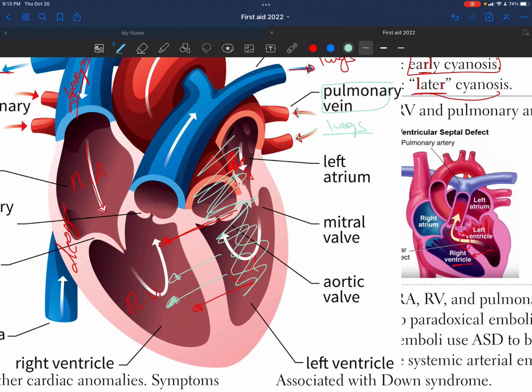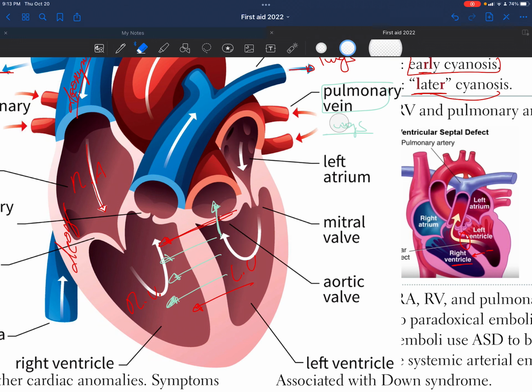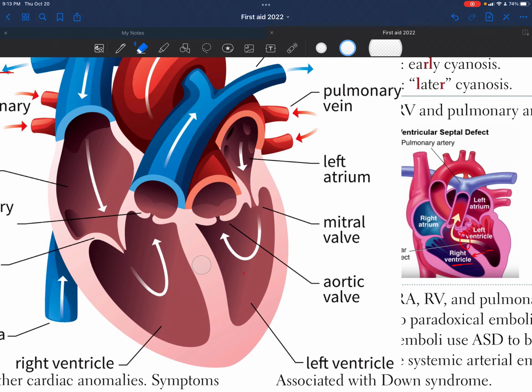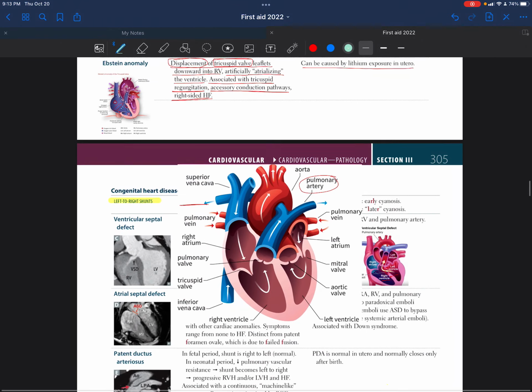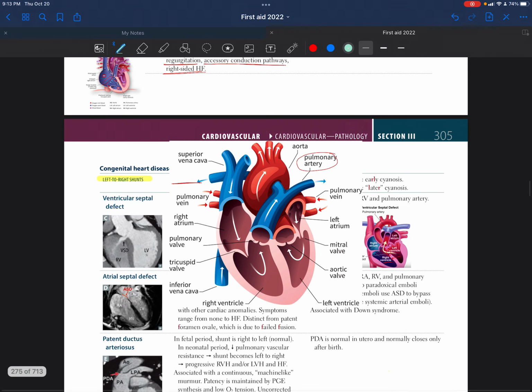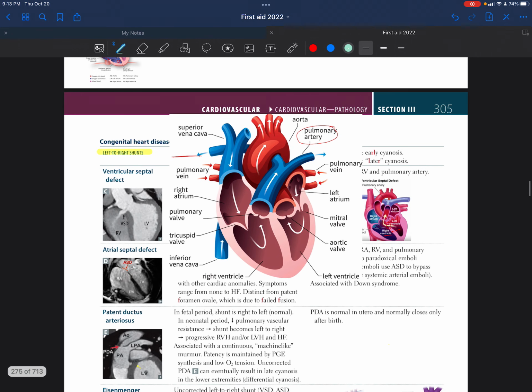The baby is not going to have cyanosis early, because the systemic circulation, which is responsible for the baby looking blue, is getting all the oxygenated blood from the left side, so there is no early cyanosis. So this is the simple idea of why the cyanosis is happening early in life in right to left, but it's not happening early in life in left to right.